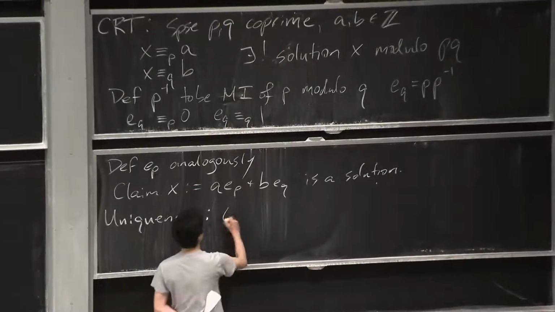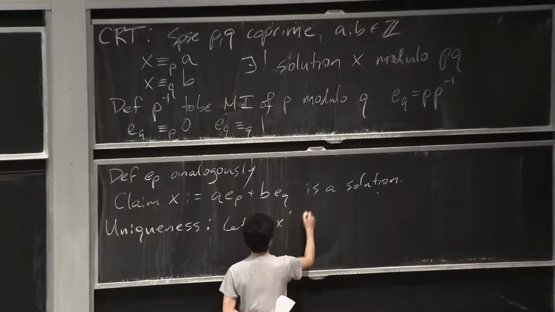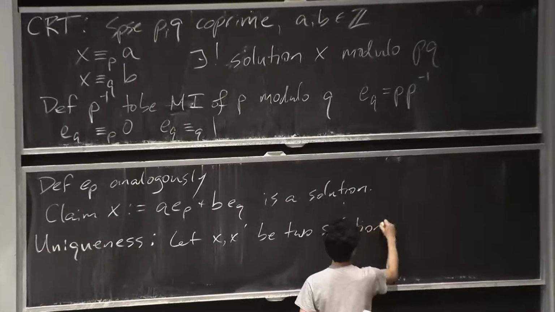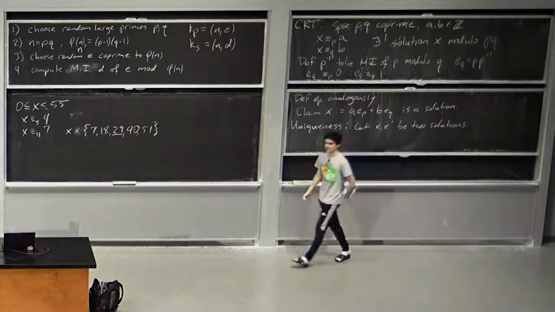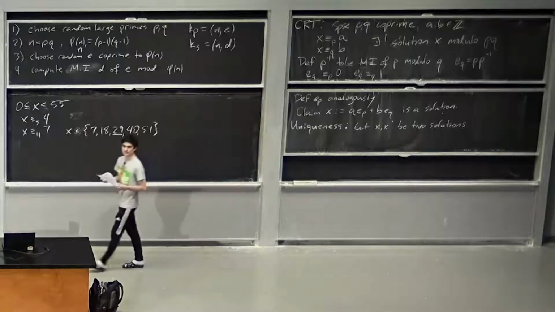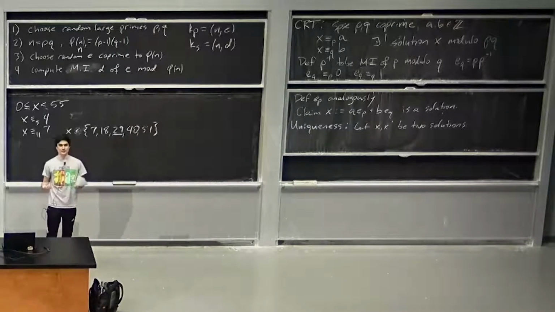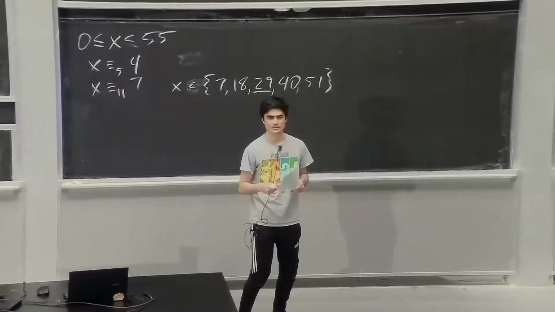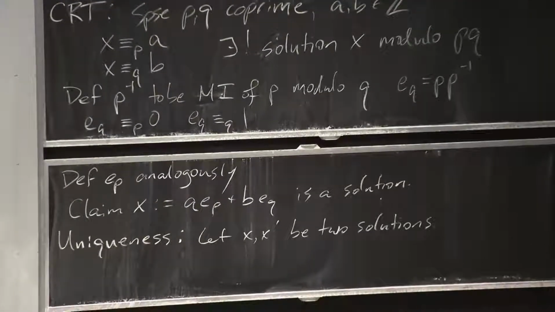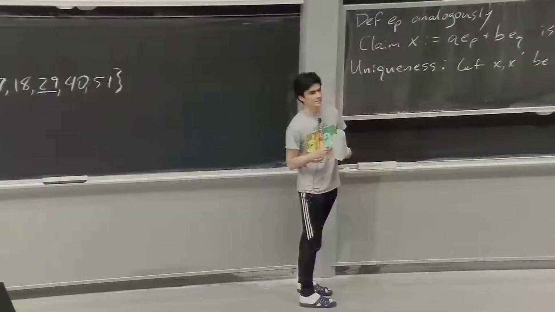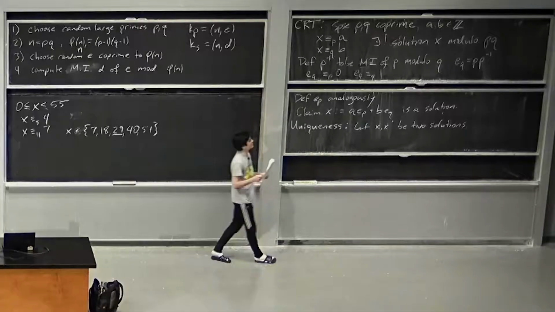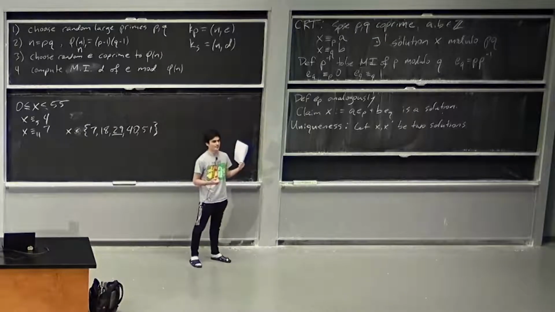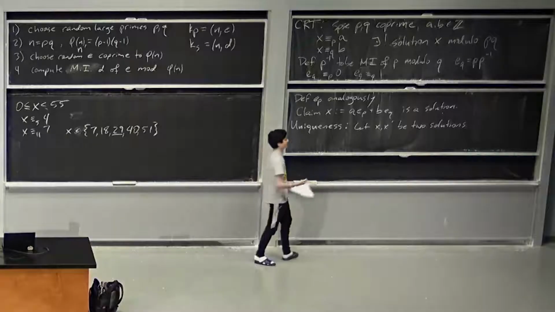So let x and x prime be two solutions. Now, what are we trying to show? We're not trying to prove they're equal integers. We're trying to prove that it's unique modulo PQ, so we want to show that they're congruent modulo PQ.